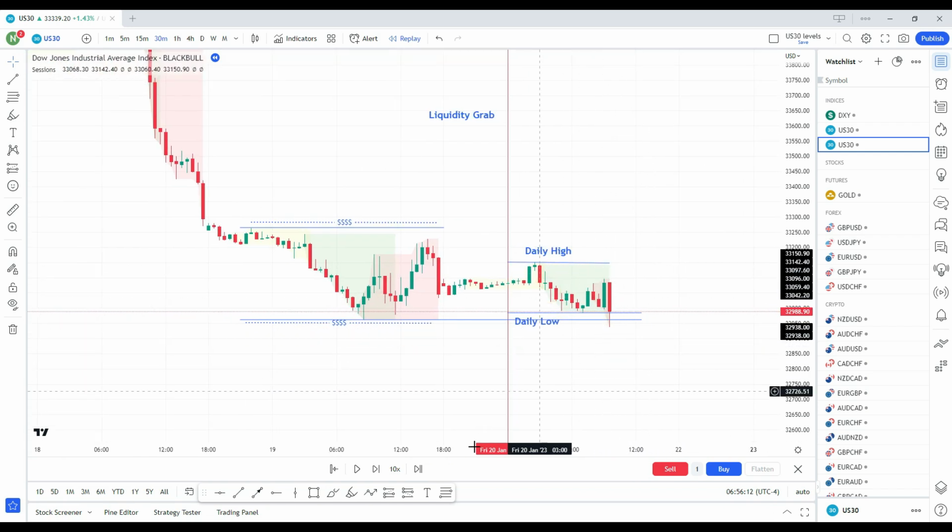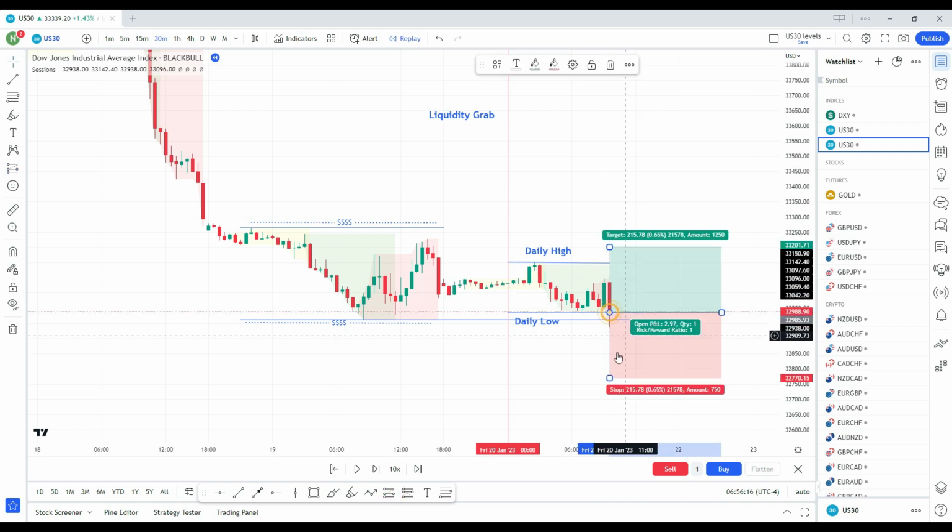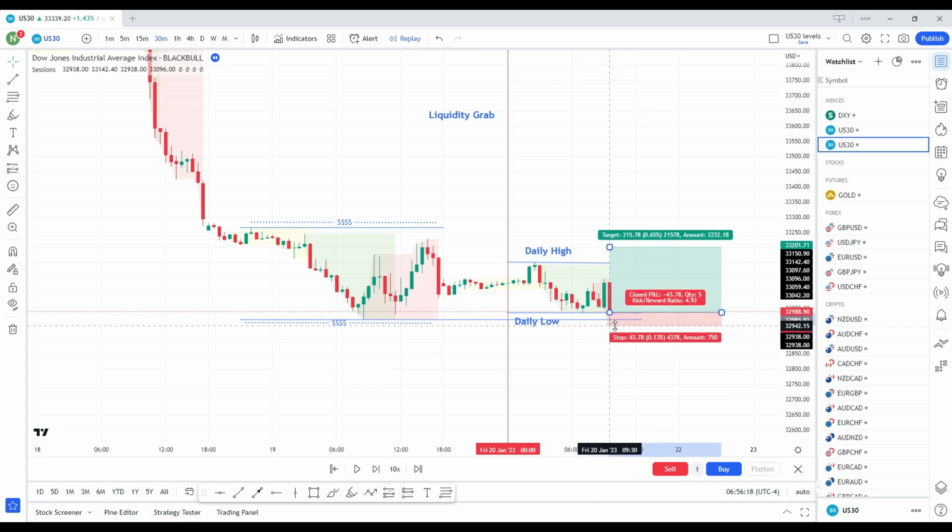So you can go back to your 30-minute time frame. In this case, you can take a buy in this zone, stop loss just below the last low, and then your first target is the daily high.